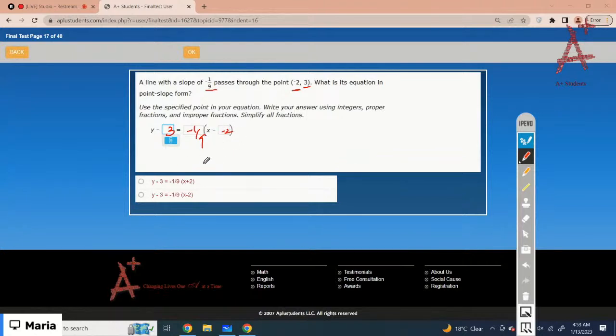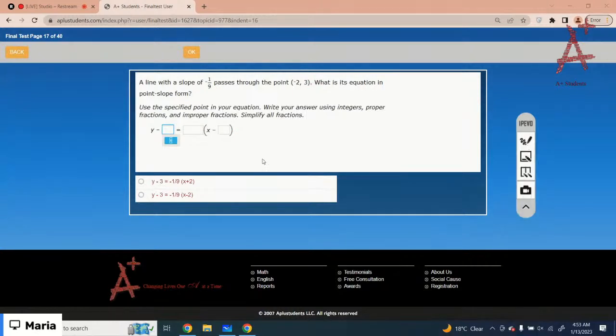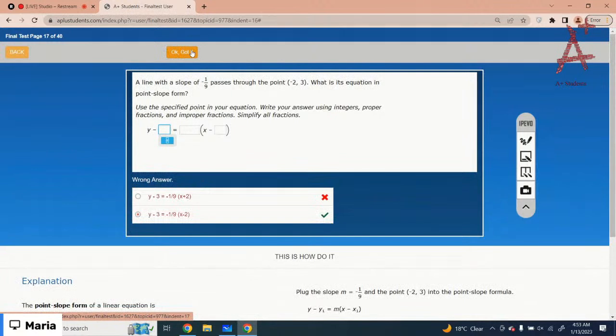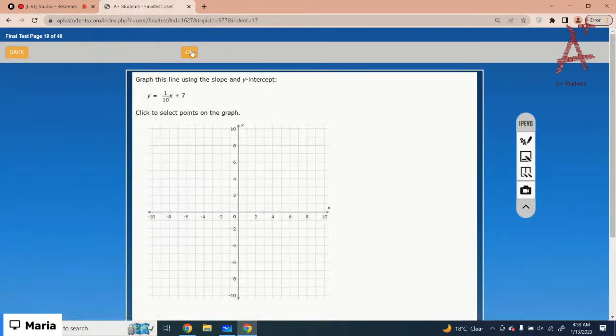Minus minus makes positive, so it would be y minus 3 equals negative 1 over 9 times x plus 2. Got it? Option number 1 is the correct option.